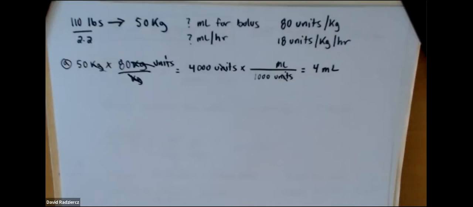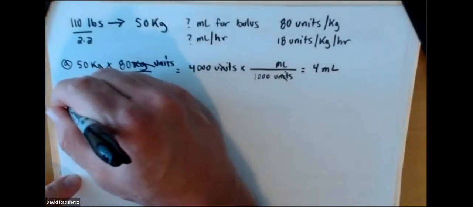So for a 110-pound patient, also a 50 kilogram patient, you're going to give them a 4 milliliter bolus dose to start the heparin protocol.